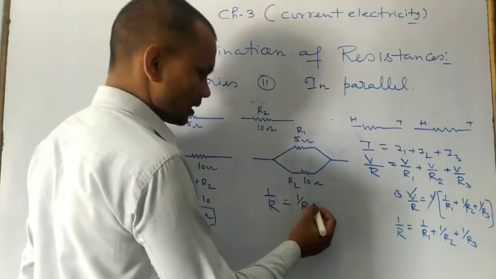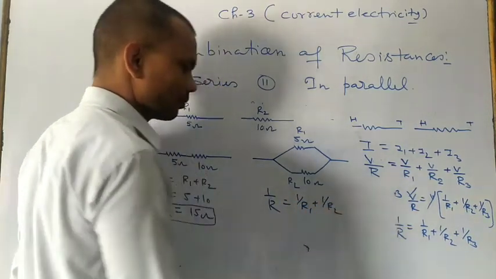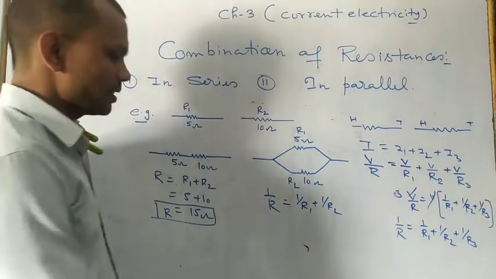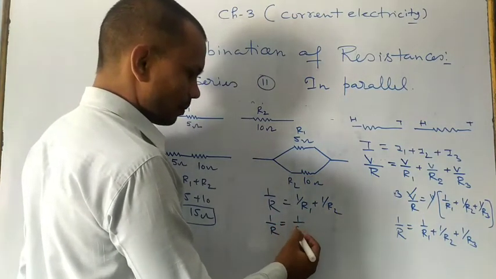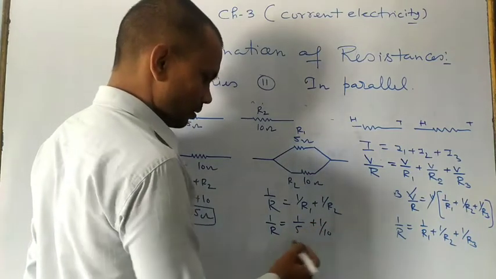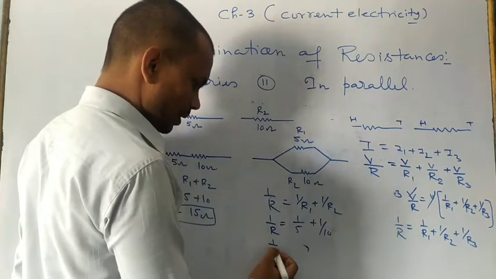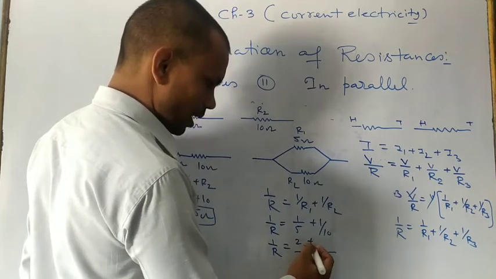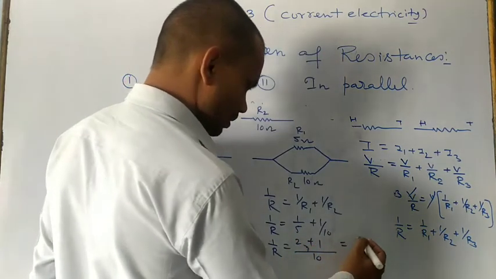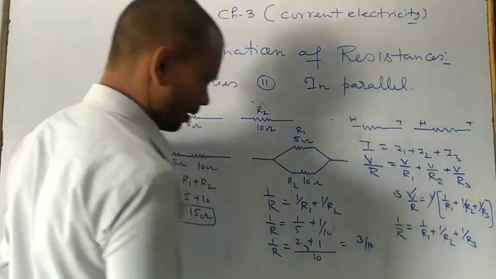So 1 upon R equals 1 upon 5 plus 1 upon 10. The LCM is 10, so 2 plus 1, this is 3 by 10, right?